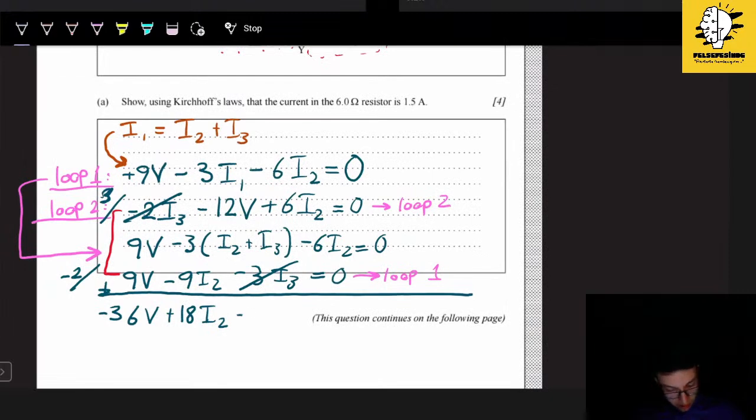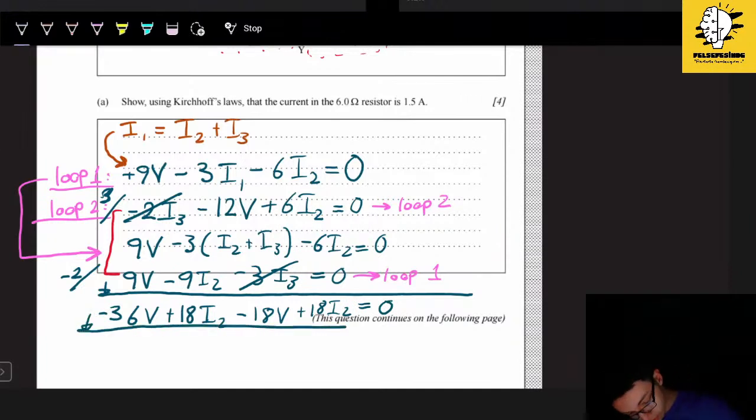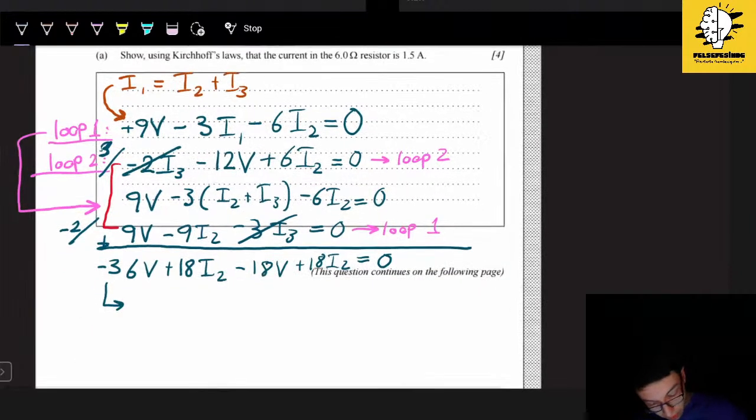It will be minus 18 volts plus 18 I2 equal to 0. Adding them, for this equation we have minus 54 volts plus 36 I2 is equal to 0.